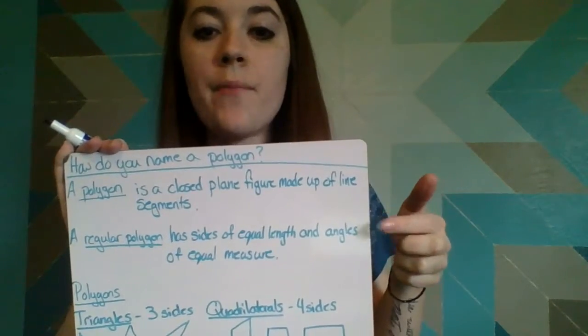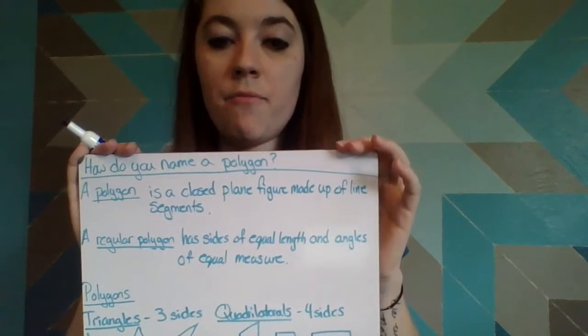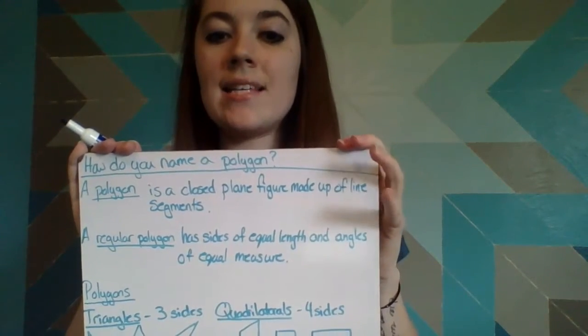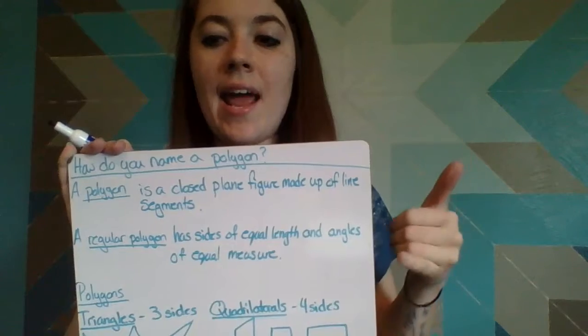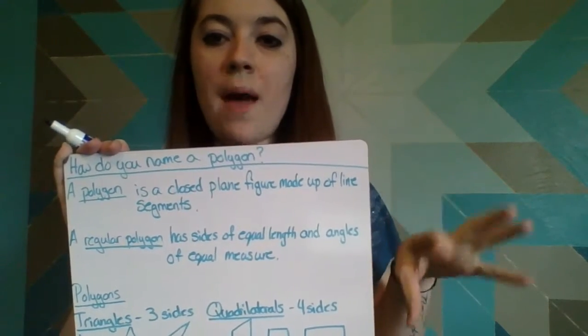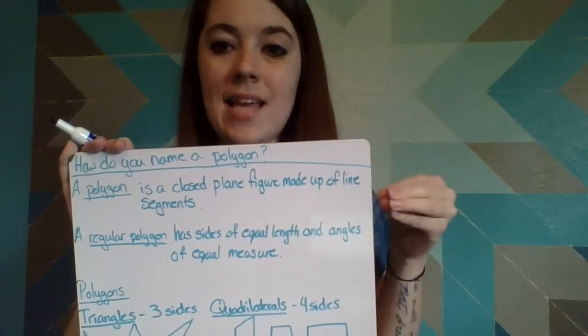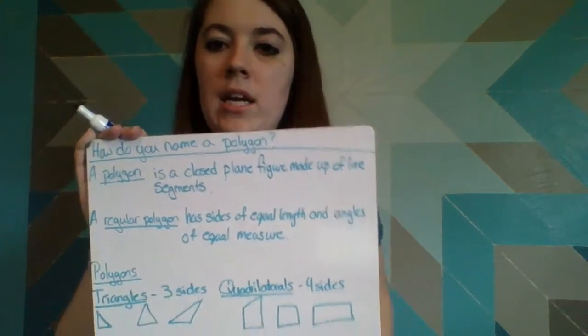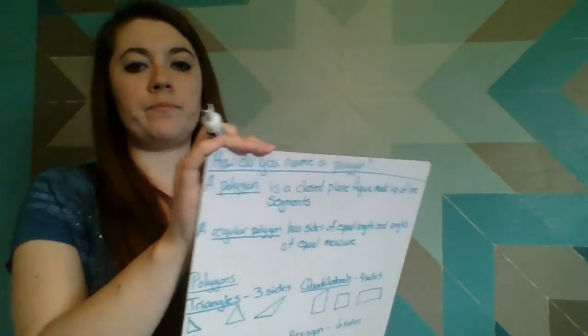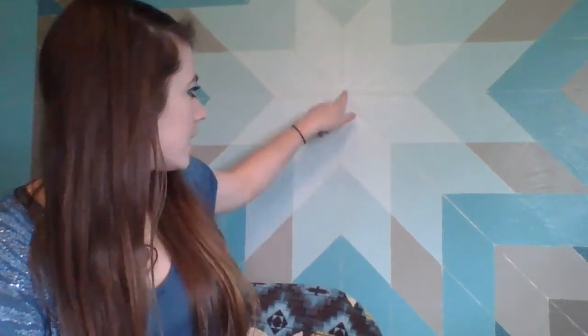All right, a regular polygon, a specific kind of polygon, has sides of equal length and angles of equal measure. So that means they are exactly the same. If we look behind me, use my wall for a second, these shapes right here are in a sense regular because all the side lengths are the same on them.